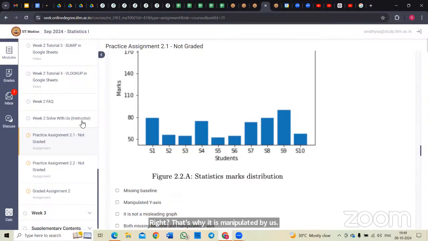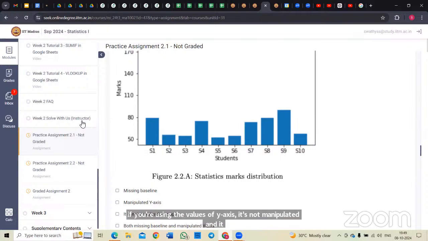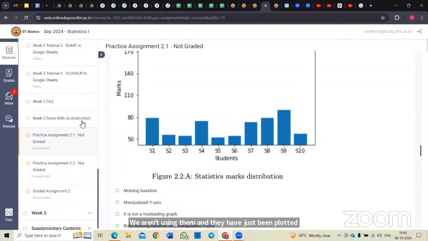So if you're using the values of the y-axis, then it's not manipulated, and if we aren't using them and they have just been plotted, then it's manipulated, right? I couldn't get you. I'm saying if you're using the values of the y-axis to plot the data, then it's not manipulated, and if we aren't using it and it has been mentioned, then it is manipulated, right?